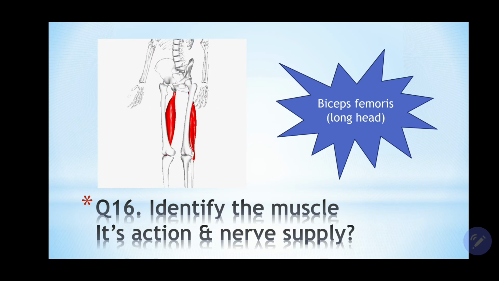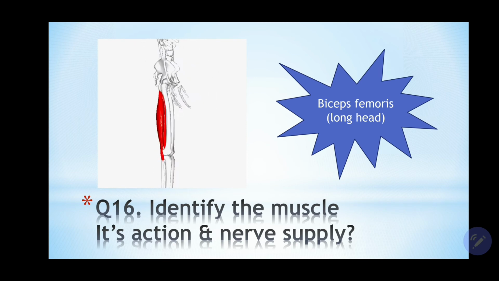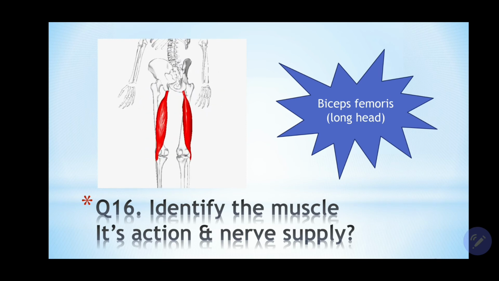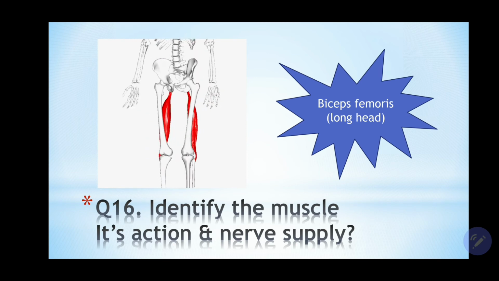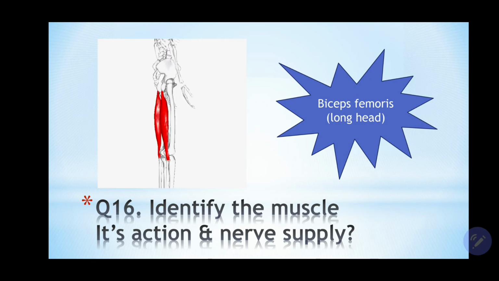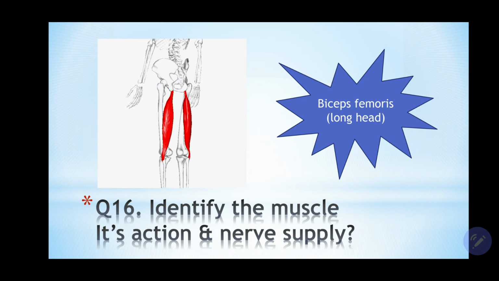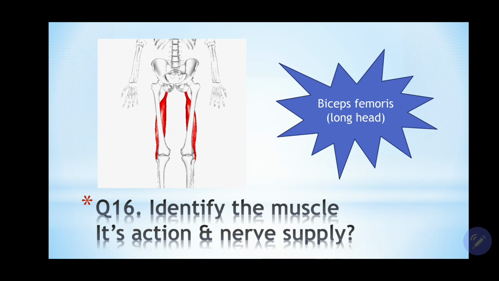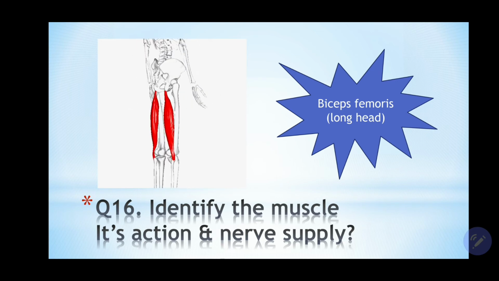And in case it's asked, after dissecting the back of thigh, will sciatic nerve be visible? Sciatic nerve may be visible in the upper portion, but that will be covered by gluteus maximus.